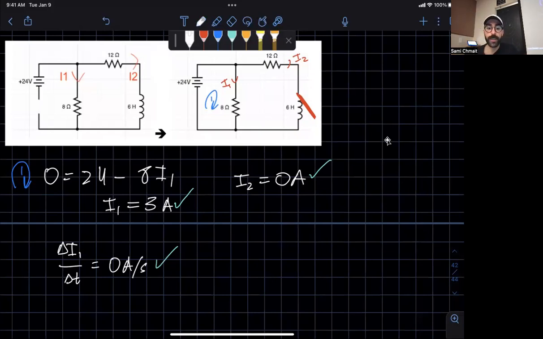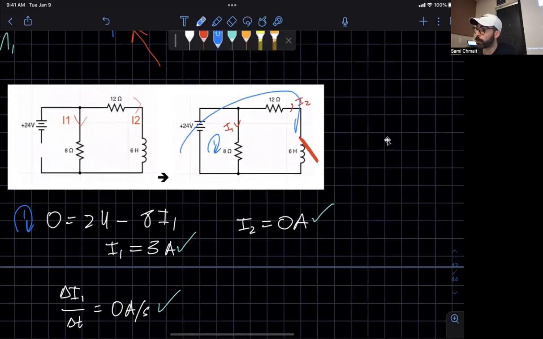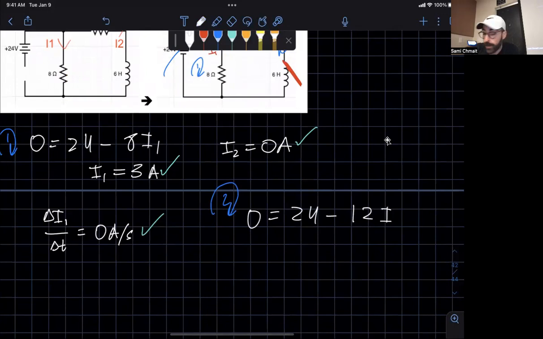Now, how do you actually calculate that? Well, again, we can use Kirchhoff's rule. We can do a big loop, call this I2, and it's going around everything. So with I2, we're going to start with a 0. It's going to be equal to 24 minus 12 I2.